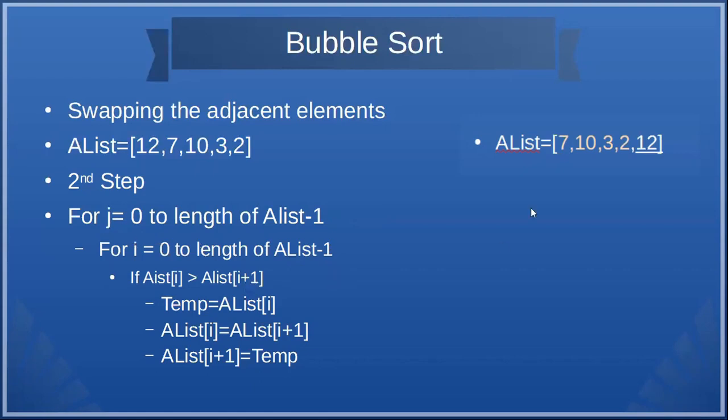And to iterate the rest of the numbers, we have introduced another for loop starting from j. That is the second step. Then j is going to execute once again for the rest of the numbers, for iteration or swapping.